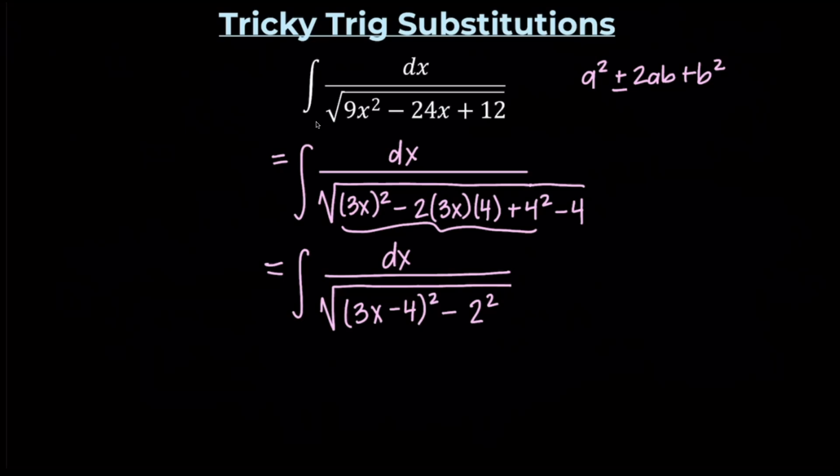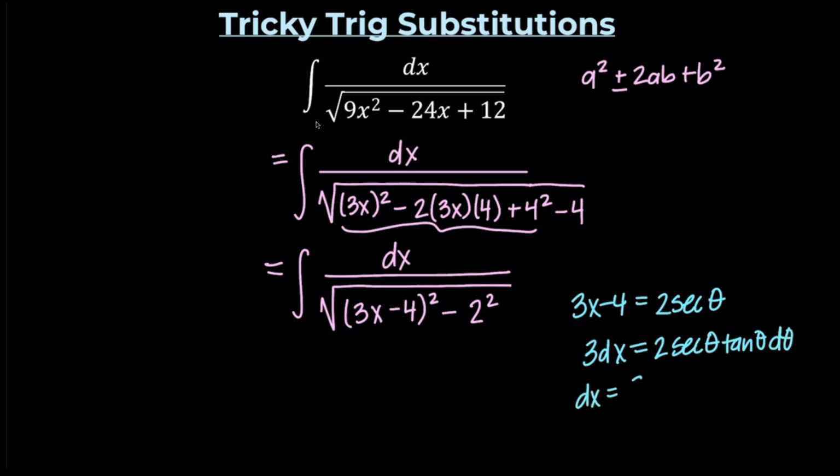My trig sub is going to involve secant, since I have an x squared minus a number squared. So I'll have 3x minus 4 equal 2 secant theta. Taking the derivative, 3 dx is equal to 2 secant theta tangent theta d theta, or dx is 2/3 secant theta tangent theta d theta.